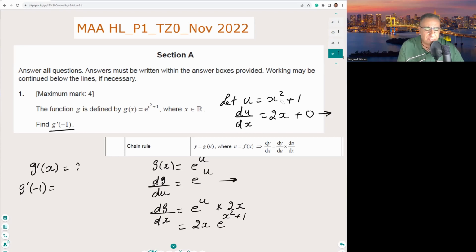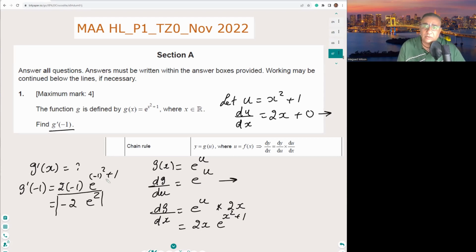So g prime of -1 is going to be 2 times -1, e to the power of (-1) squared plus 1. Now this is going to be -2, e to the power of... -1 squared is just 1, and 1 plus 1 is 2. So g prime of -1 is -2 times e squared.